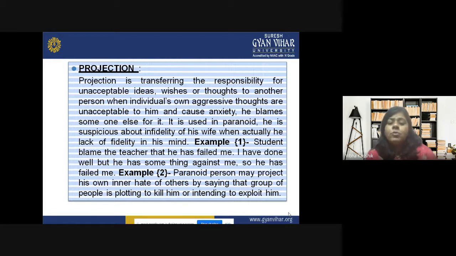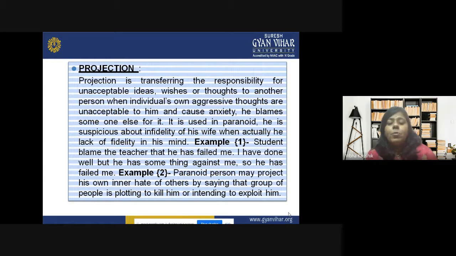For his own failure, he is blaming the teacher: I have done well, but he has something against me, so he has failed me. He says that he has done the paper very well, but still he failed, and he failed because the teacher has something against him.